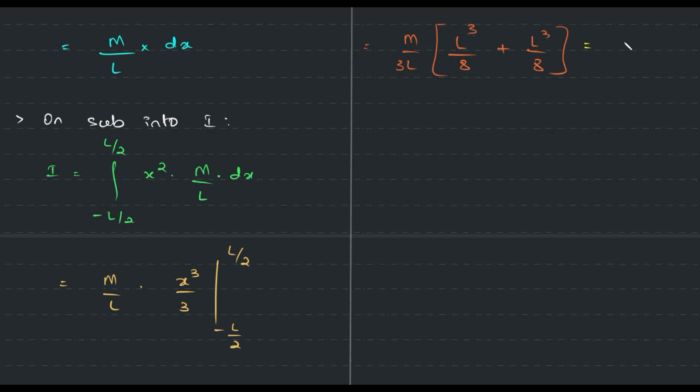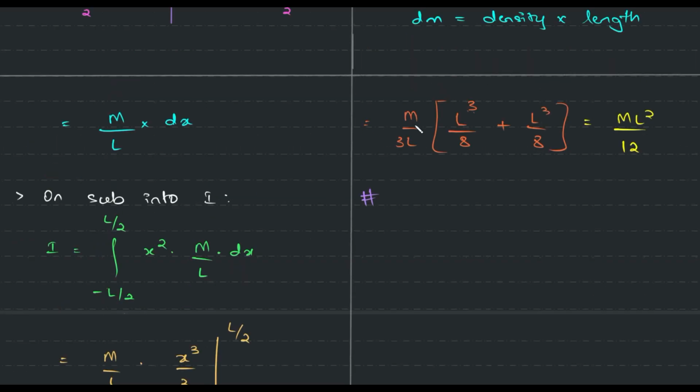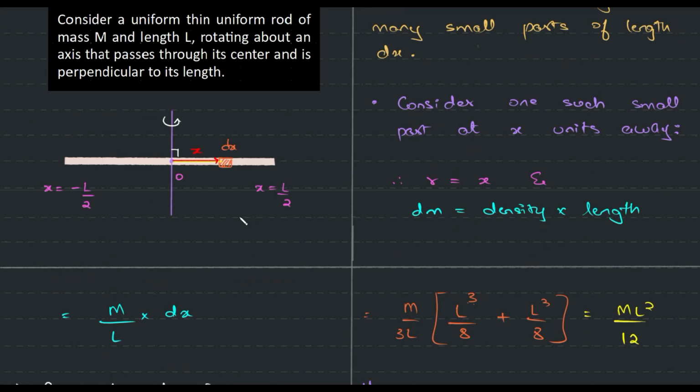I'll write it here, we need the space. So L cube and all of that will get cancelled, 4, 12. So ml square by 12. Check the math: 2, 4, 4 3 is a 12, L square. Okay, perfect. So we have ml square by 12.